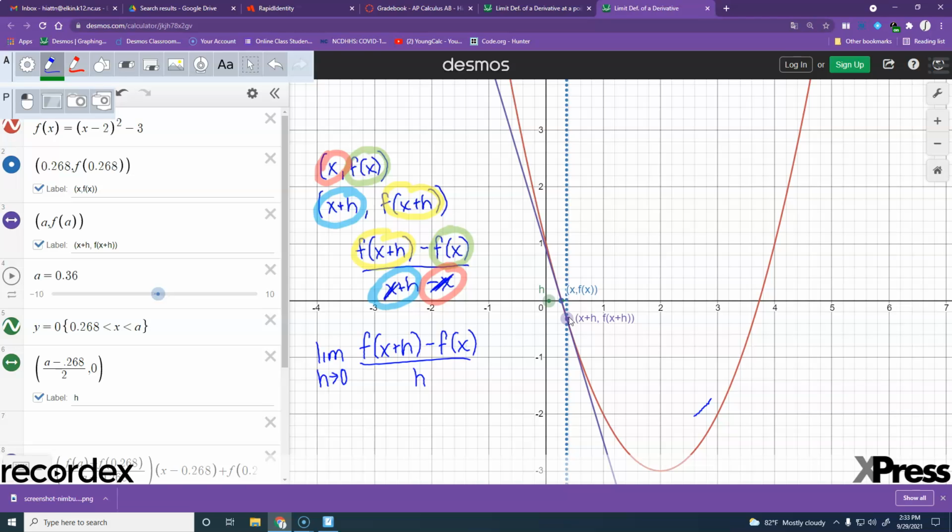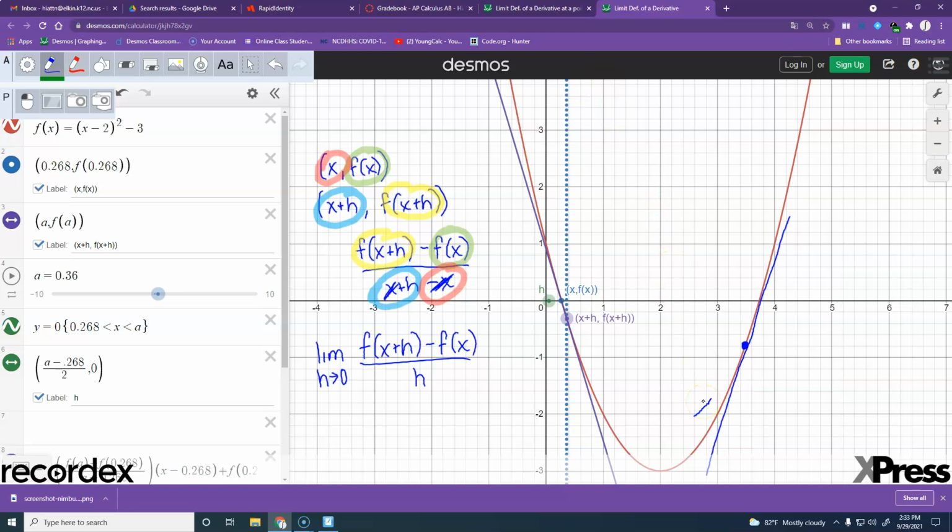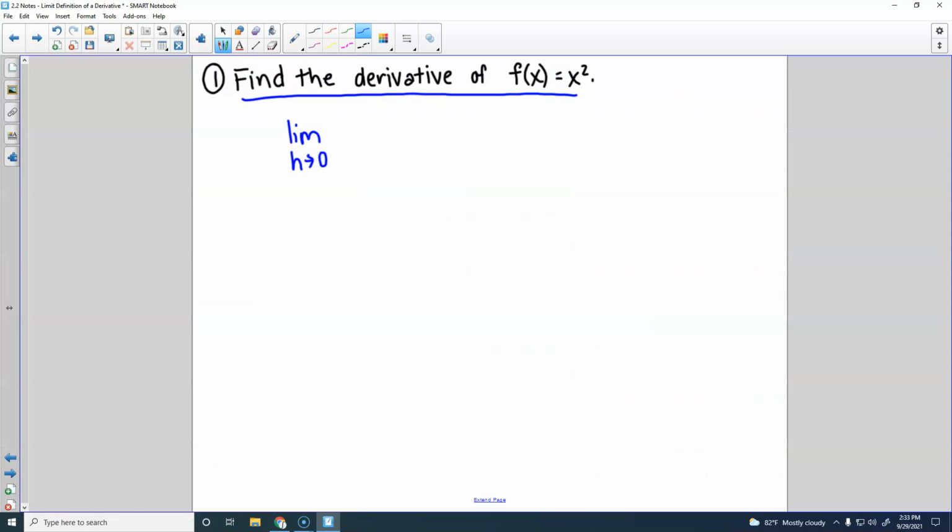It is not going to be constant, because if I want to know the tangent line at this point, that tangent line would look like this. It's going to have a positive slope. It's going to be different. If I want to know the tangent right here, it's going to have a different slope. So it depends on where you're at on the graph. But this one doesn't tell us where we're at.